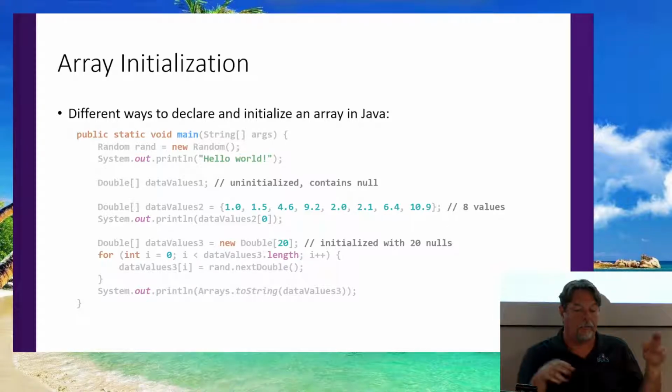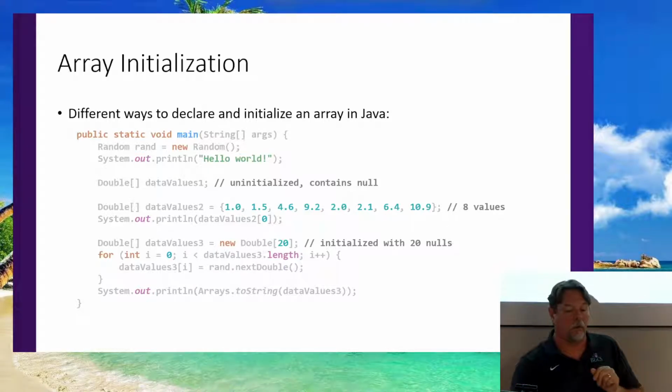So now I'm going to have 8 times the size of a double bytes of memory allocated, and it's going to use this list of values to initialize them for me. So that's convenient. So instead of doing the equals new approach like this, you can do it the shorthand way if you want to.